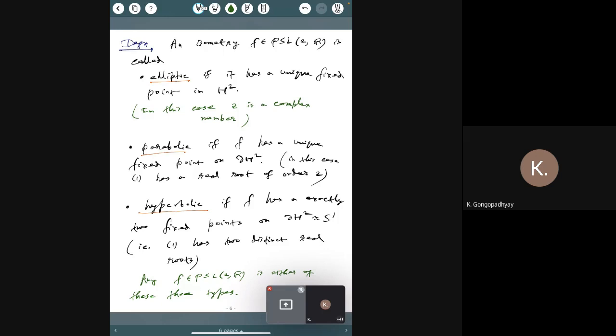This is a dynamical classification, but this dynamics is very nicely related to the algebraic information of the group SL2R. In group theory, I think everybody knows here.